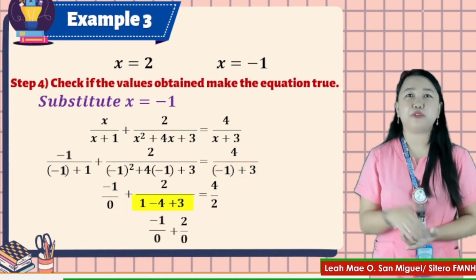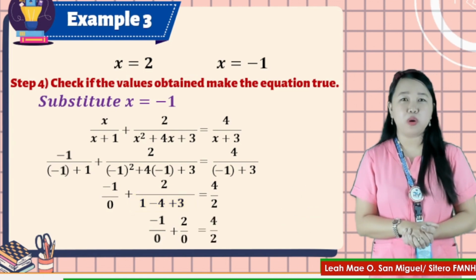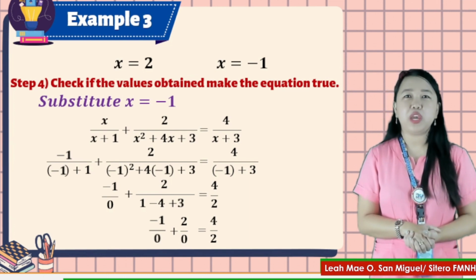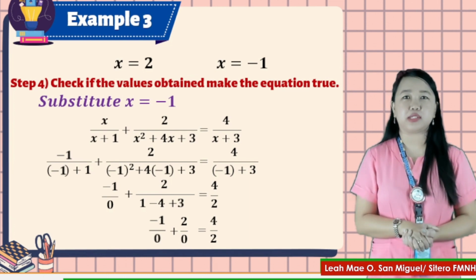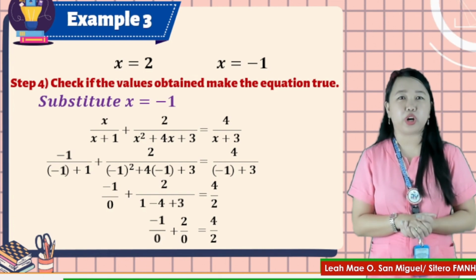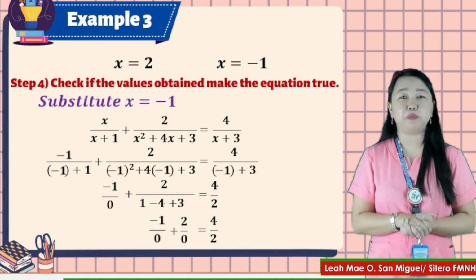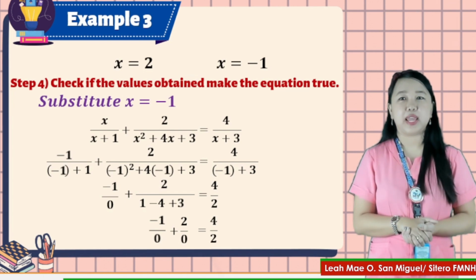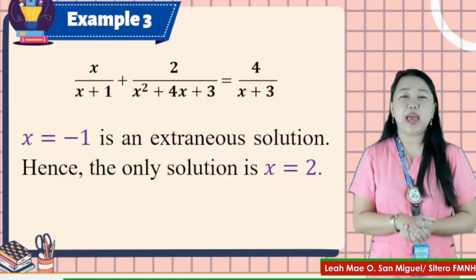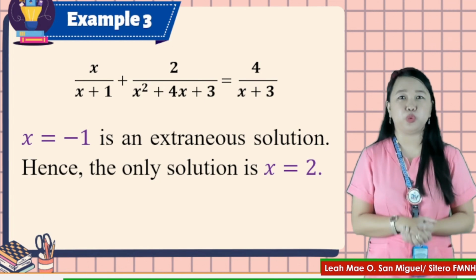That is why we have this. -1 over 0 plus 2 over 0 is equal to 4 over 2. As you can see, we have 0 in the denominators. In a rational algebraic expression, the denominator must not be equal to 0 because it will become undefined. X equals -1 is an extraneous solution, hence the only solution is x equals 2.